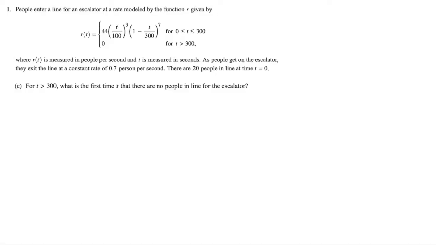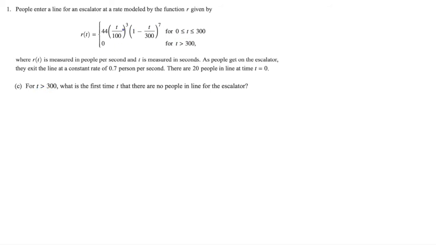Part C of exercise 1. Remember from the previous video, this was a problem where people were entering a line for an escalator at this rate, this function, from 0 to 300 seconds, and also they were leaving the line at 0.7 people per second. In part C they say for t bigger than 300. What does this mean?